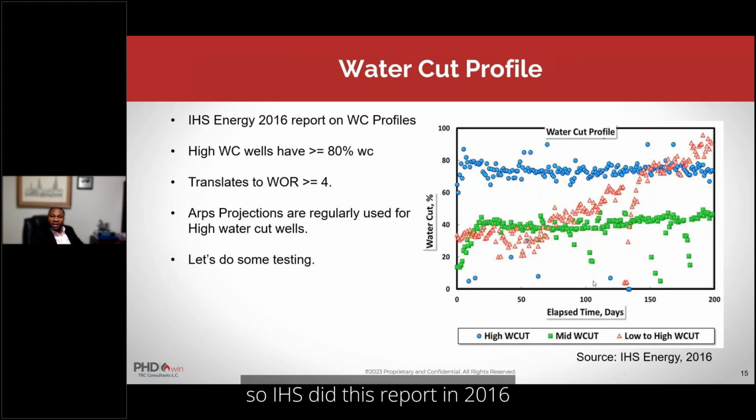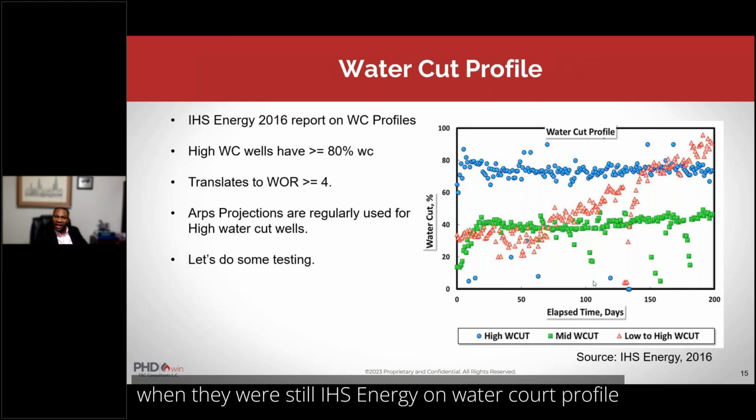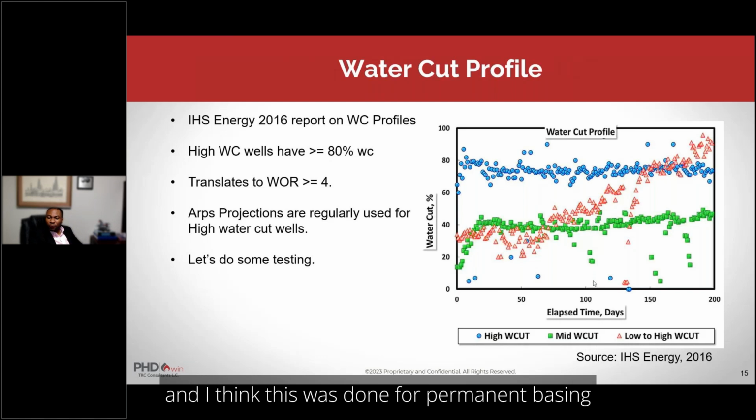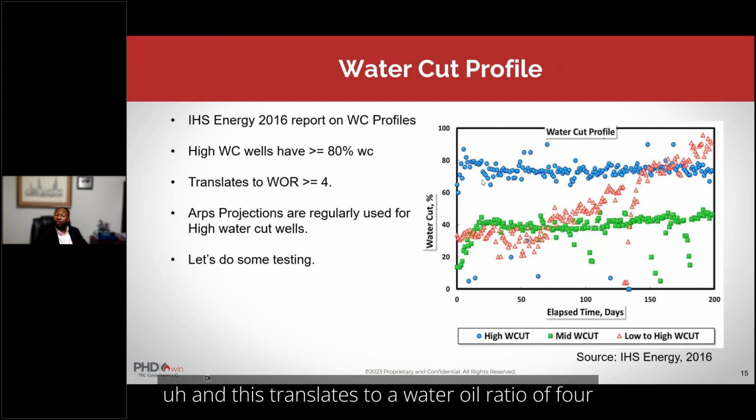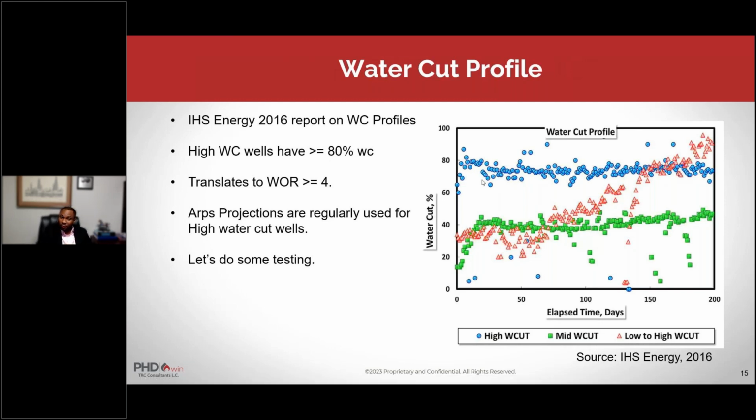IHS did this report in 2016, when they were still IHS Energy, on water cut profiles, and I think this was done for the Permian Basin. In that paper, they define a high water cut well as a well with water cut around 80% or greater, and this translates to a water oil ratio of 4.